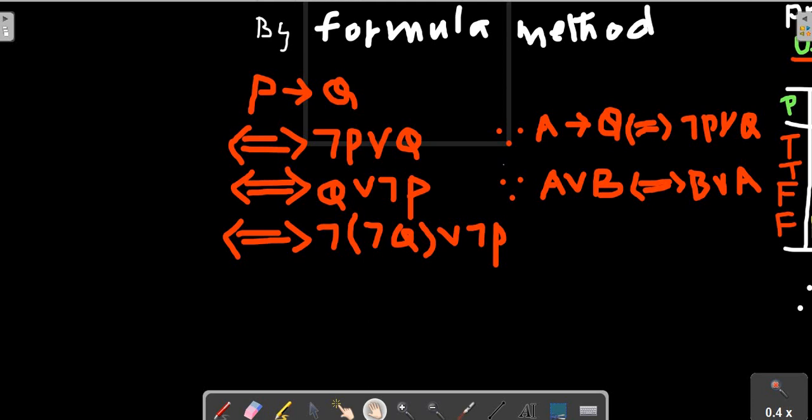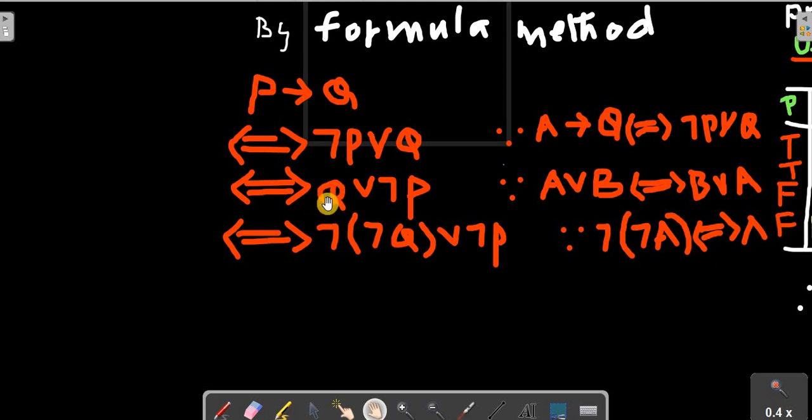How? By double negation rule. What the double negation rule says is that negation of negation A is equivalent to A. Sorry, A, not negation A. For A you are taking negation, then again you are taking negation, and this will cancel, you will get A. So that rule is applied here.